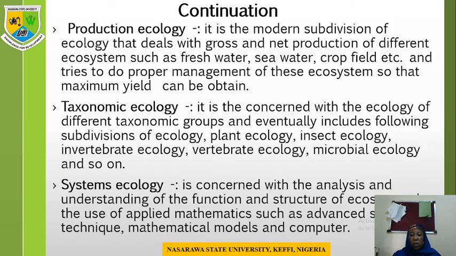Then production ecology. It is the modern subdivision of ecology that deals with the gross and the net production of different ecosystems, such as freshwater, seawater, and crop fields, and tries to do proper management of these ecosystems so that maximum yield can be obtained.